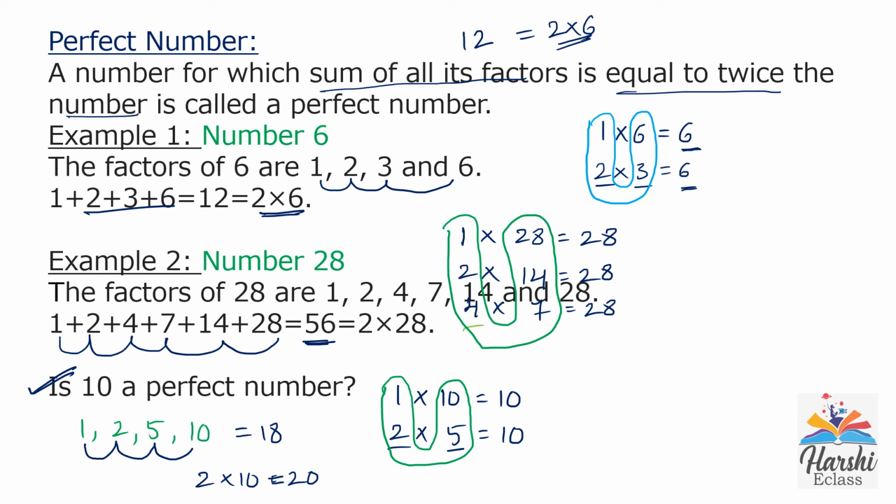Here, the sum of all its factors is not equal to twice the number. So 10 is not a perfect number, because the sum of all its factors is not equal to twice the number.